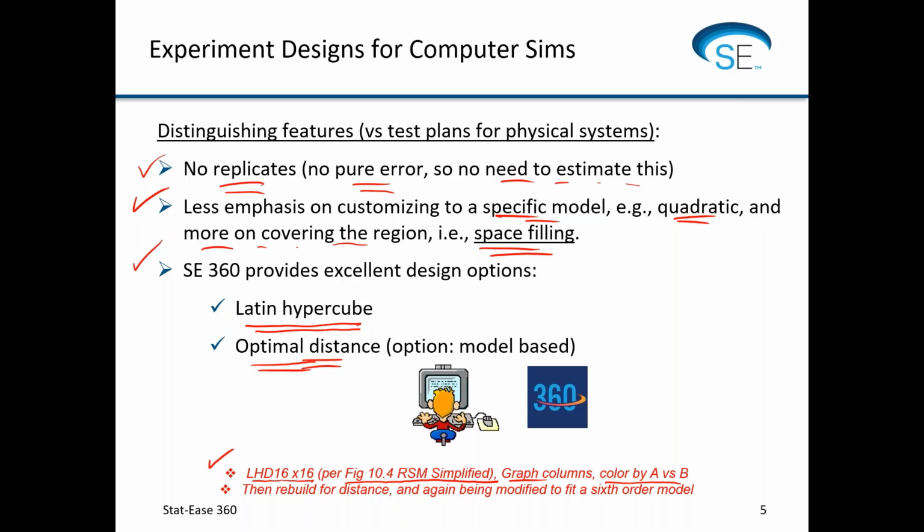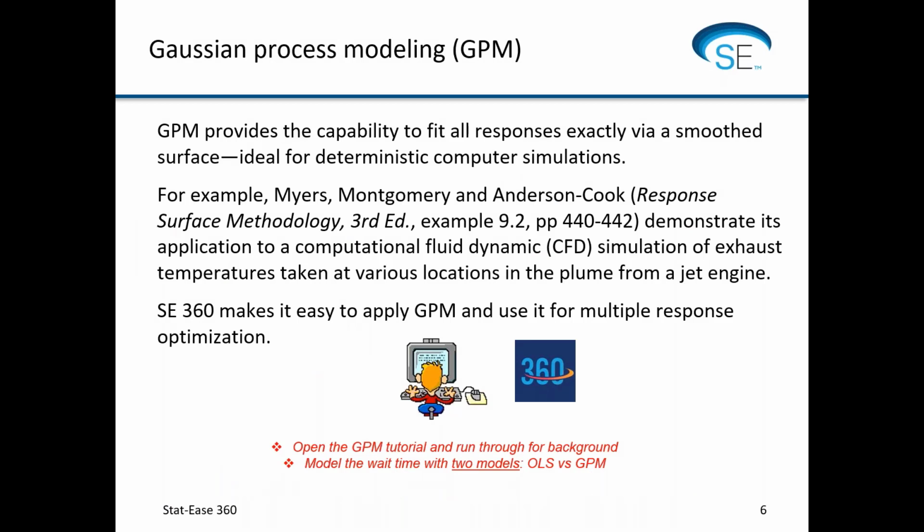So that gives you a quick run through of what we have, and we're looking forward to people starting to make use of this, and then we'll learn more and more about what's popular with people that are applying experiment design for computer simulations. Now, another capability we have is on the modeling that relates to the computer simulations, and we've added this tool called Gaussian process modeling, or GPM.